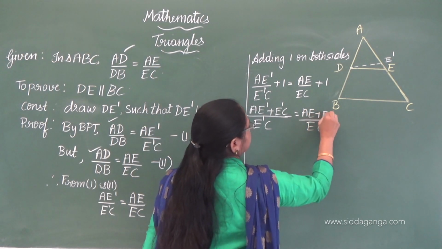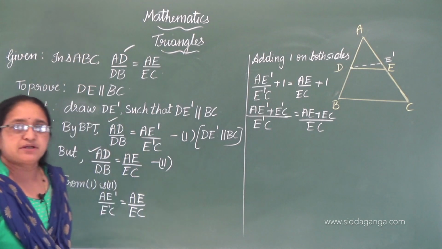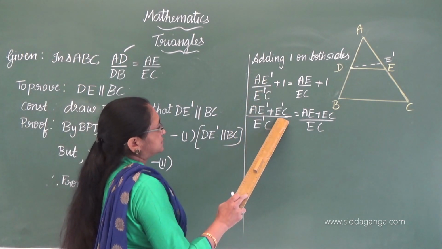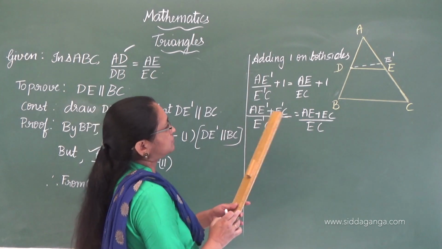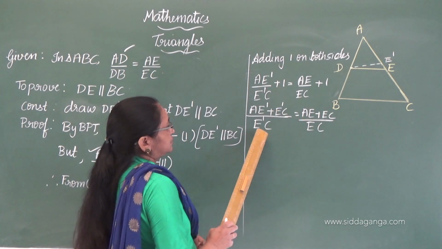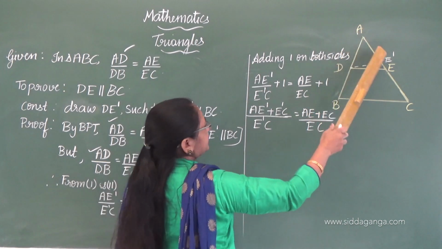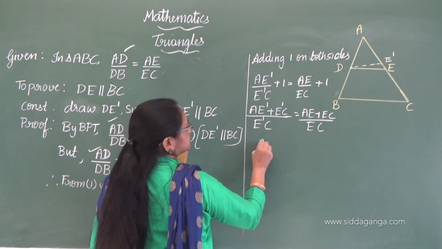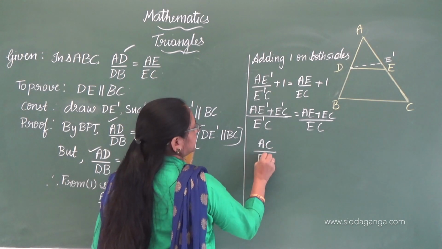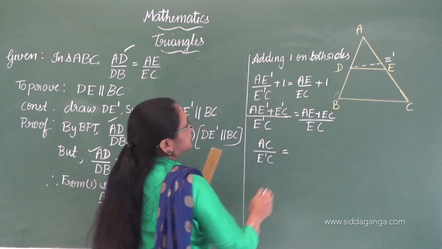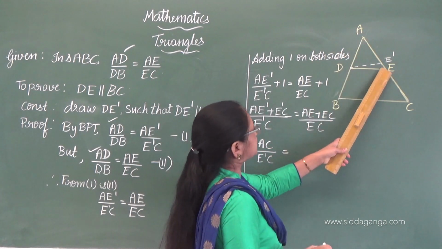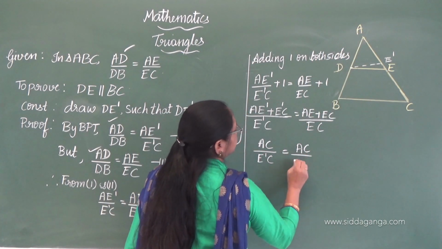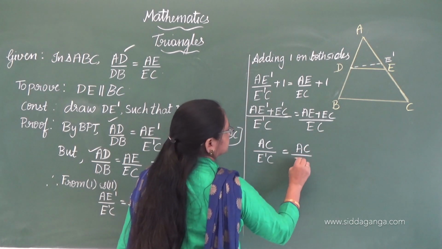Now you observe carefully. I have taken the LCM. AE dash plus E dash C can be written as AC by E dash C. Now, AE plus EC is also AC by EC.